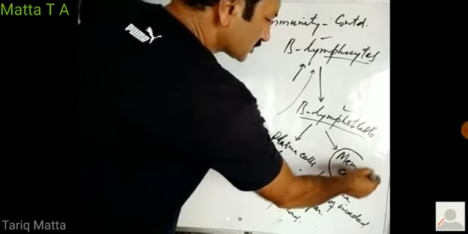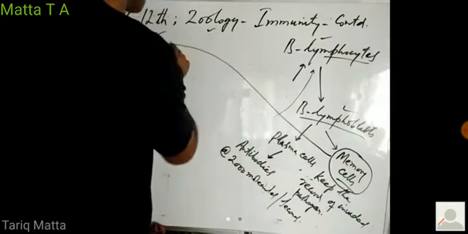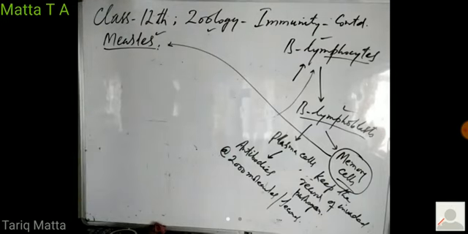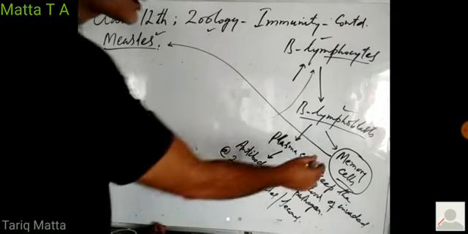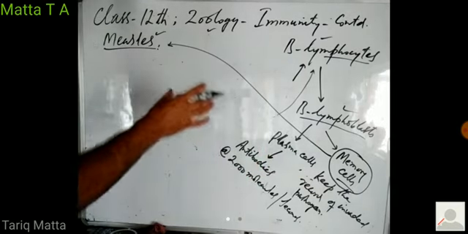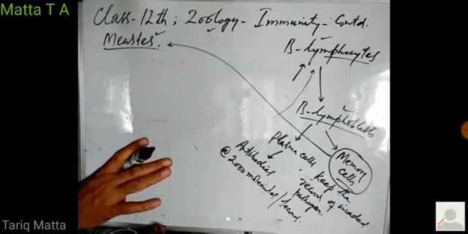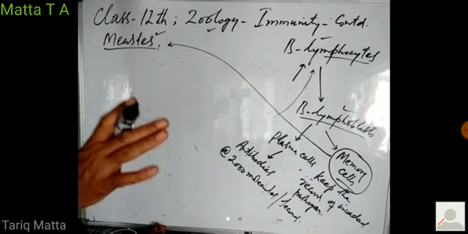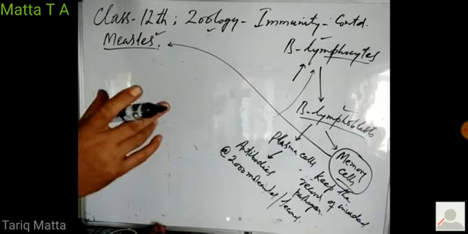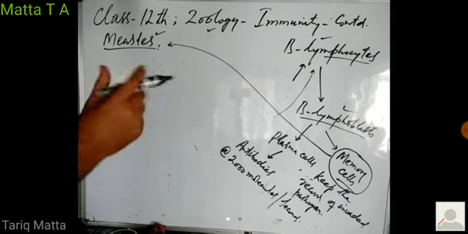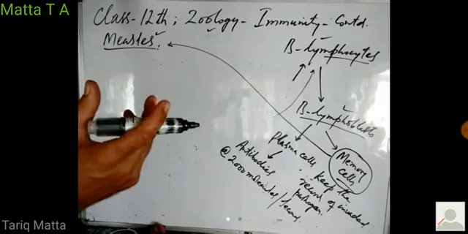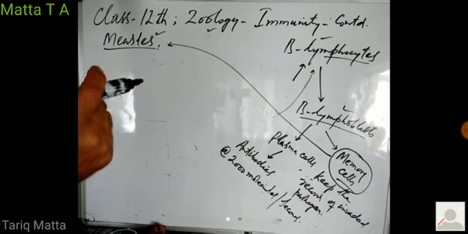Those memory cells remain circulating in our blood for a lifetime. So if the virus enters our body again, before it starts multiplication, the memory cells identify it and get it destroyed. So for those diseases for which memory cells remain circulating in our blood lifelong, we get lifelong immunity, right?